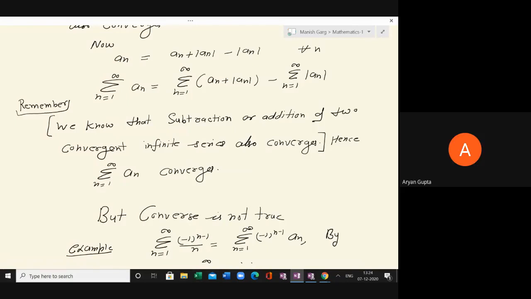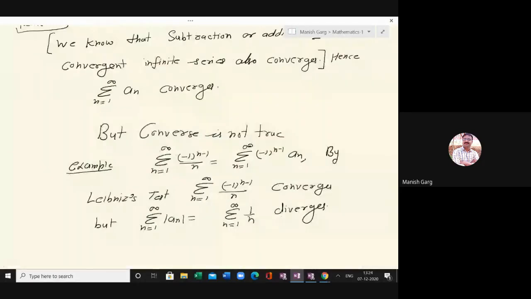This is actually a new theorem, so this is not a trivial case, that's why I write 'we know that'. Any other?